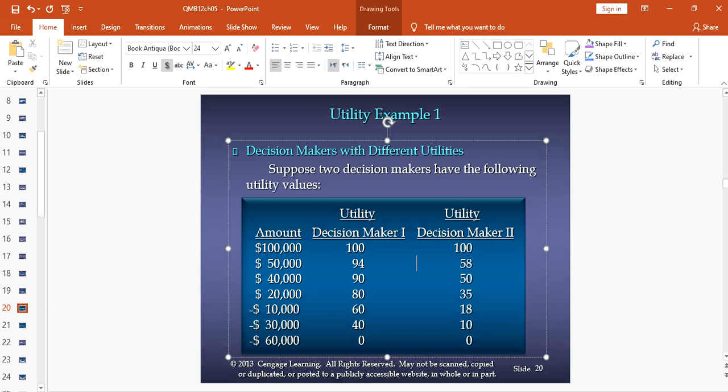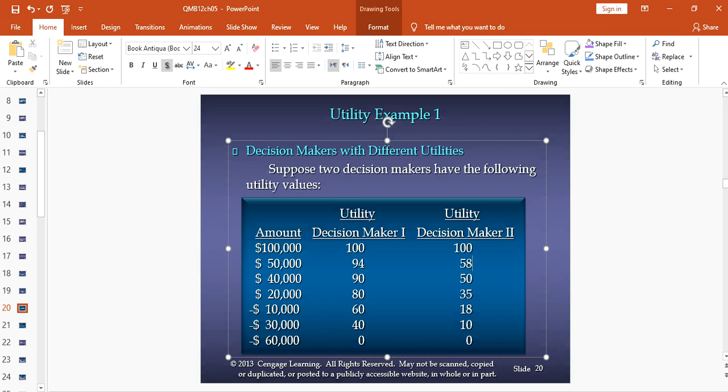But this guy is ranking these utilities in this way. So we see a huge difference. For 50,000, decision maker 1 gives the utility of 94, but decision maker 2 gives the utility of 58. So in this one we can understand that he is not satisfied that much up to here, and then this jumps to 100 when the 50,000 payoff jumps to 100,000 payoff.